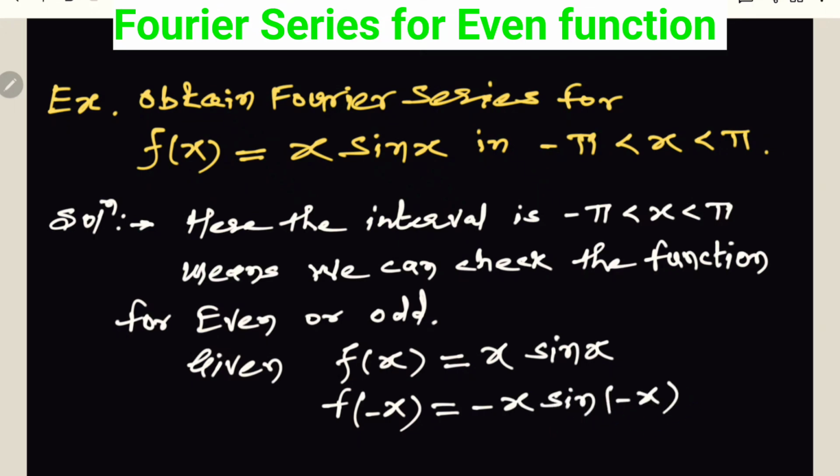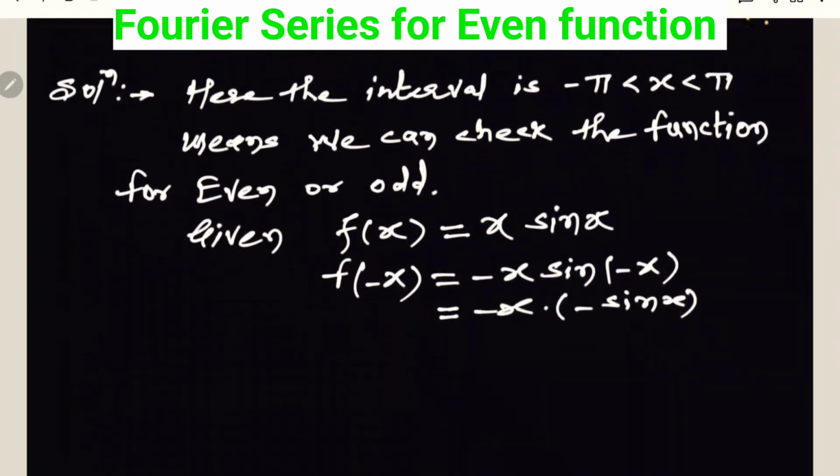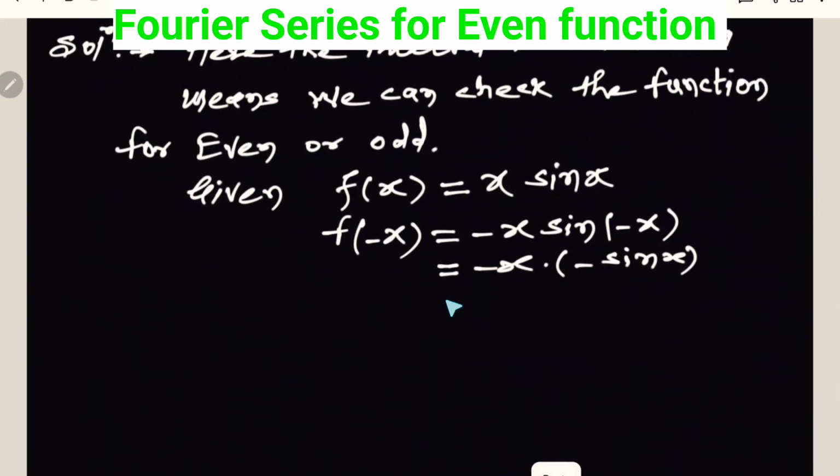We know that sine minus theta is minus sine theta. Therefore that minus and the previous minus become plus. The term becomes x into sine of x, the same function. And as we get the same f of x, the given function is an even function.